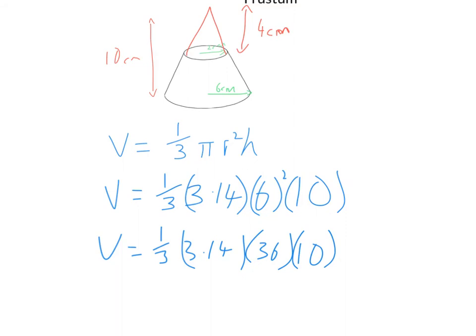Then we'll move on to our next step, which involves multiplication of terms. This gives us a value for the volume of 376.8. And our unit for volume here will be centimeters, taken from the question, and volume is always cubed.